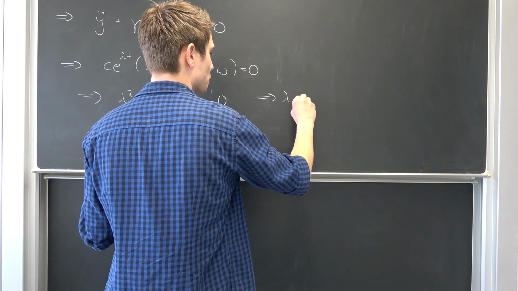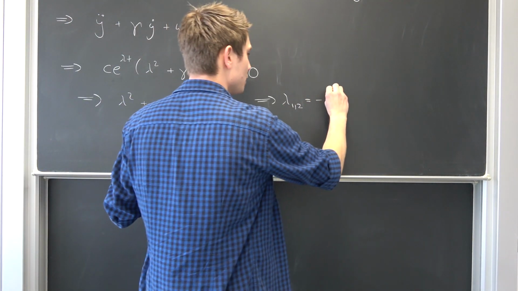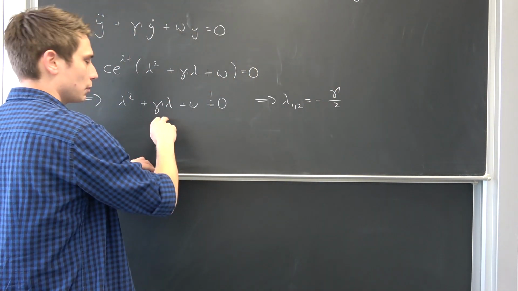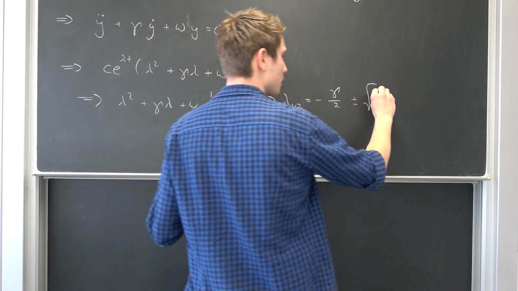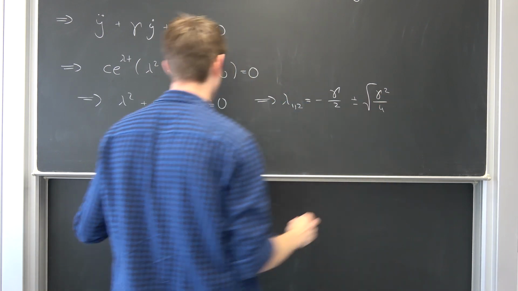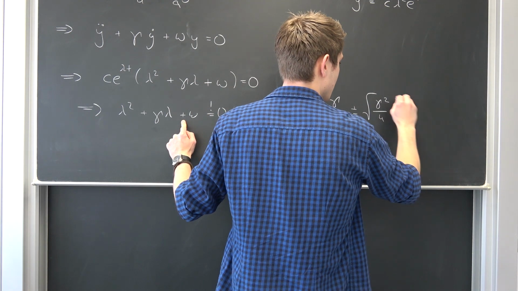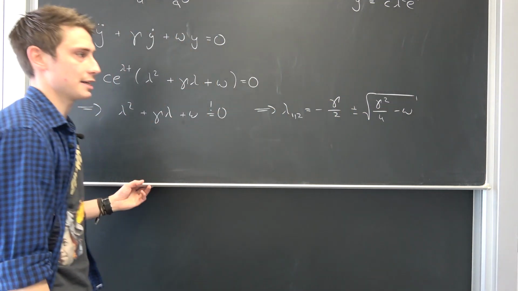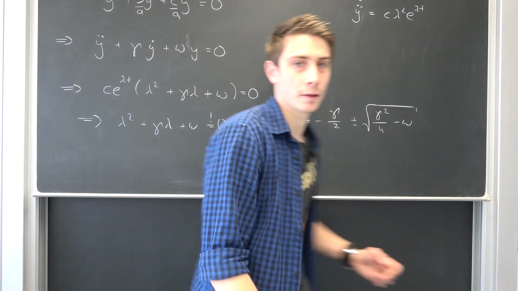Meaning, the two solutions, our roots of lambda, are going to be negative gamma over 2 plus minus the square root of gamma squared over 4 plus, okay, this is going to be negative omega squared in the end. And this is what we have at the moment.